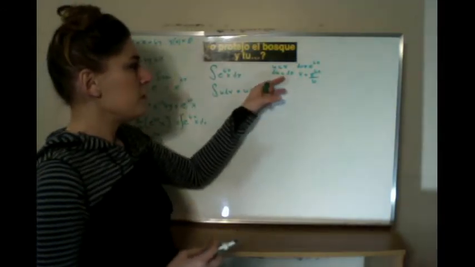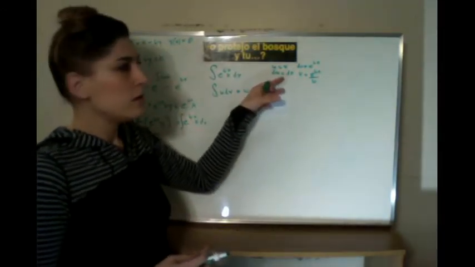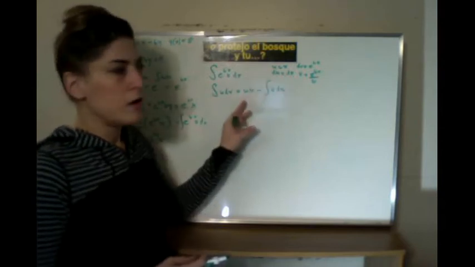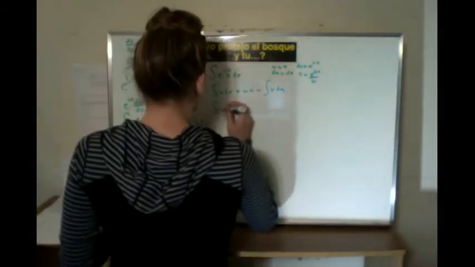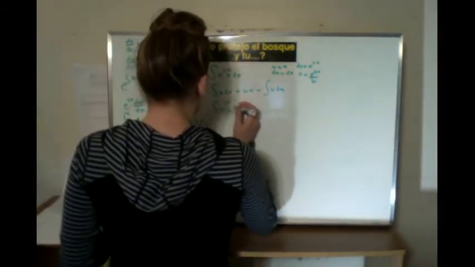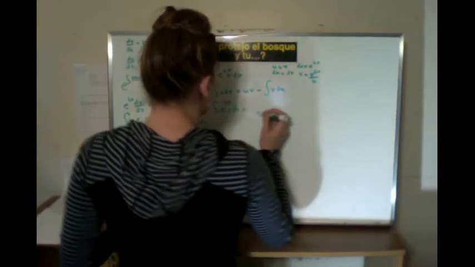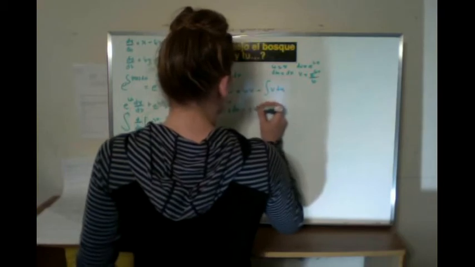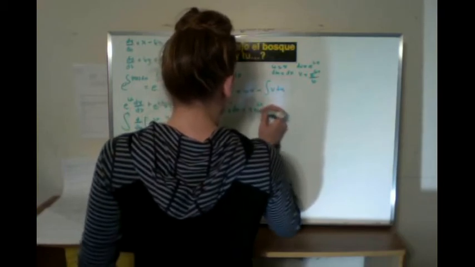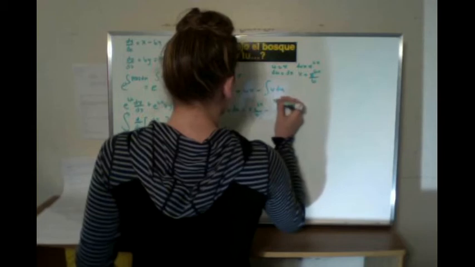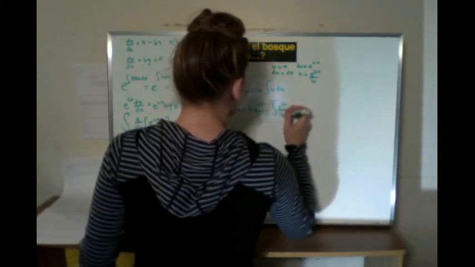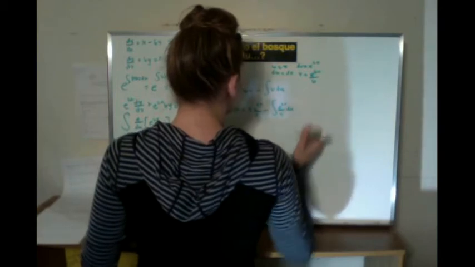Plugging in u, v, dv, and du into the formula for integration by parts gives us the integral of e to the 6x times x dx equals x times e to the 6x over 6 minus the integral of e to the 6x over 6 dx.